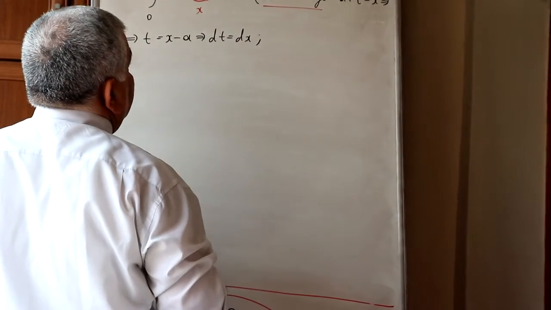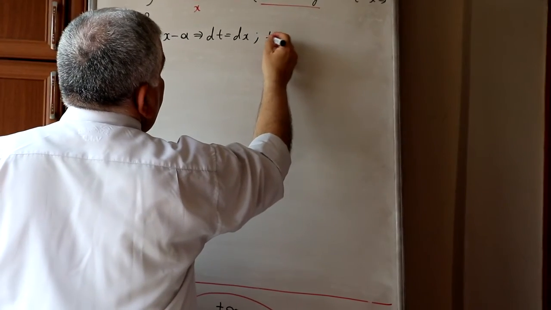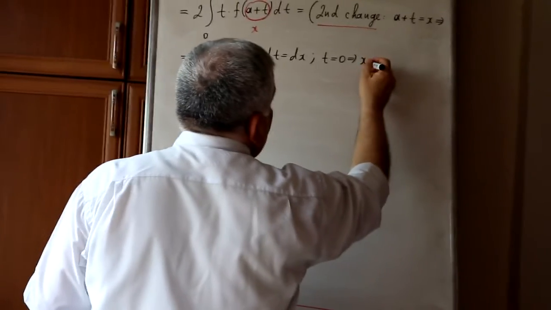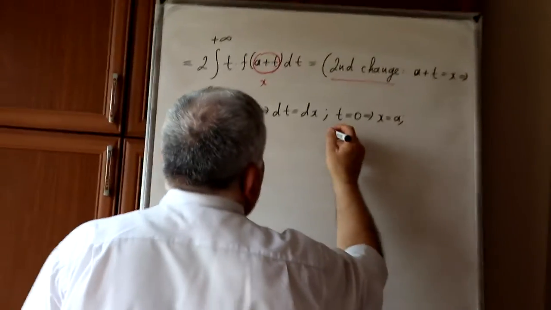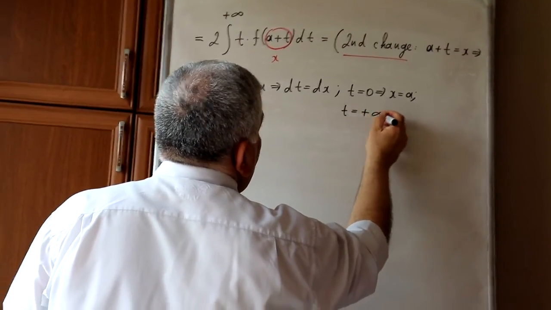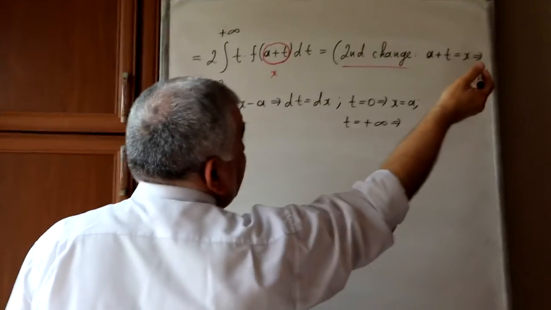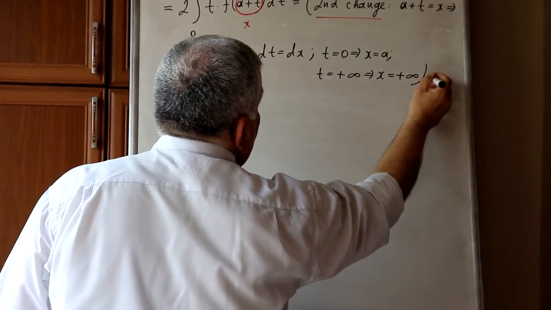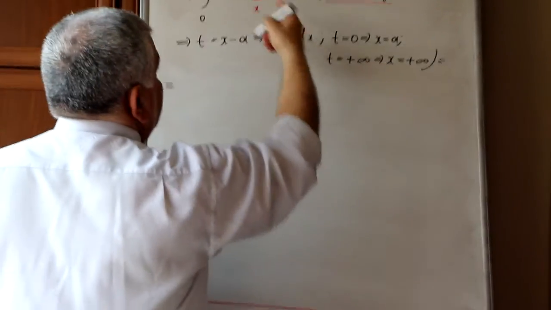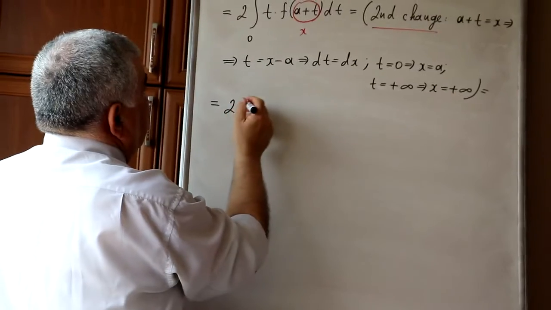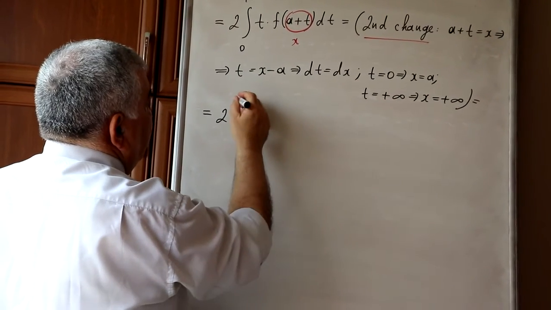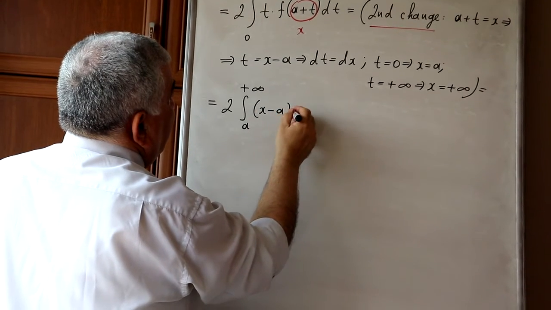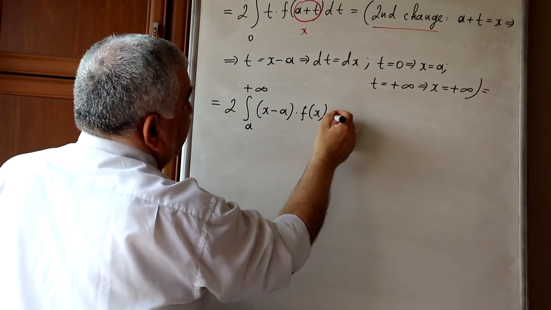Then consider the integral limits. If t is 0, then substituting 0 instead of t, x is a. And if t is plus infinity, a plus infinity is simply plus infinity, x also is plus infinity. Apply the second change to the last integral. Twice integral from a to plus infinity of, where t is x minus a, multiplied by f of x dx.